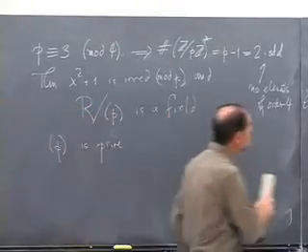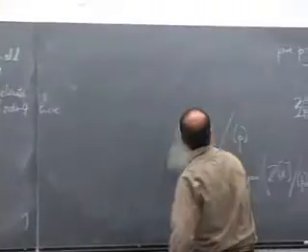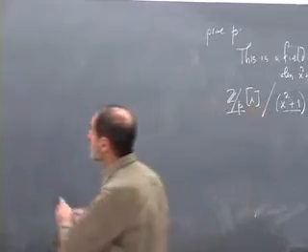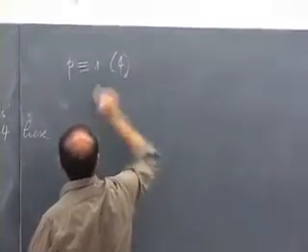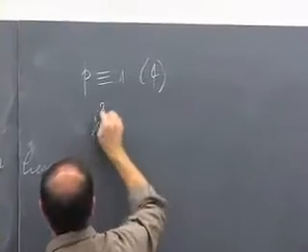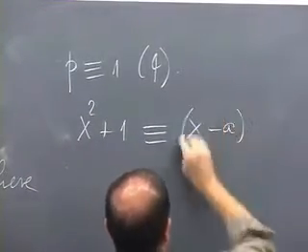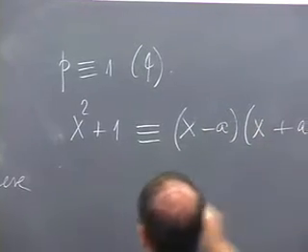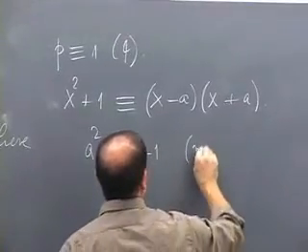And finally, P is congruent to 1 mod 4. In this case, I claim that x squared plus 1 factors as x minus a, x plus a, where a squared is congruent to minus 1 mod p.